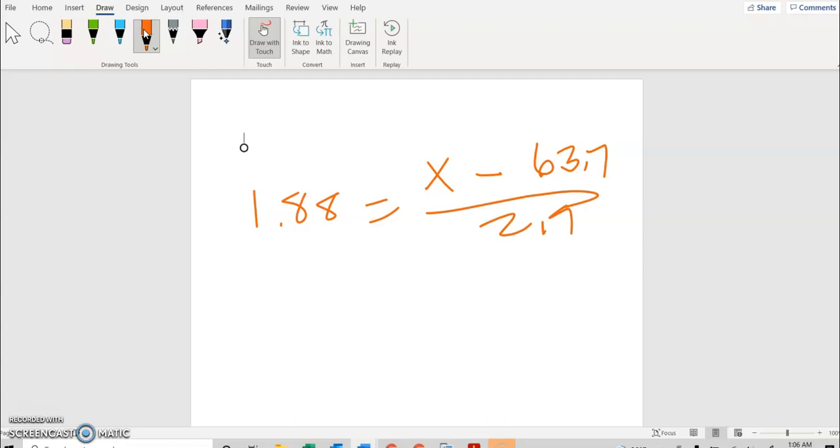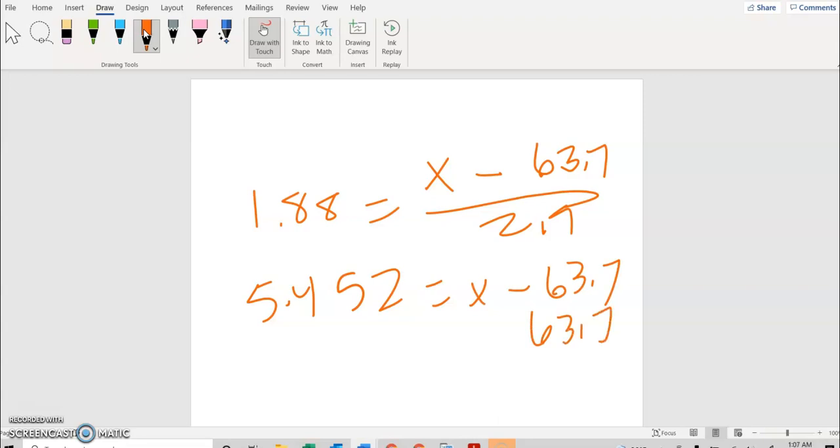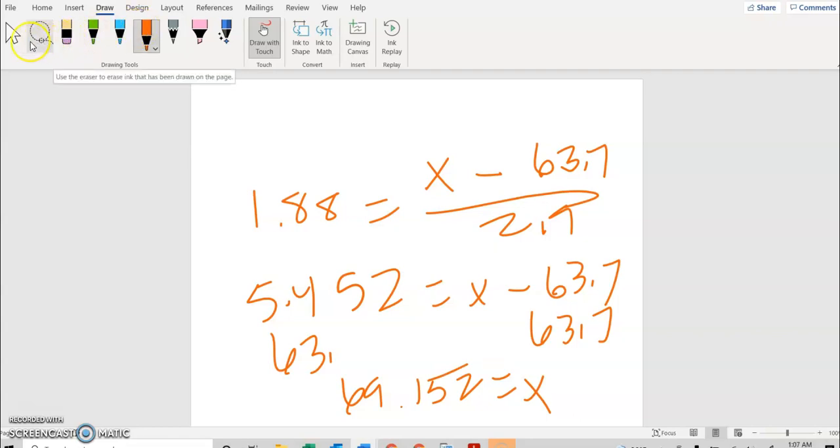So 1.88 times 2.9, 5.452. This is the same value, right? It makes sense here. And then I'm going to add 63.7. You could do this together if you wanted, because you can see a lot. So this is 69.152 equals x, or 69.1 or 69.2, depending on how you round here. That is my top value.